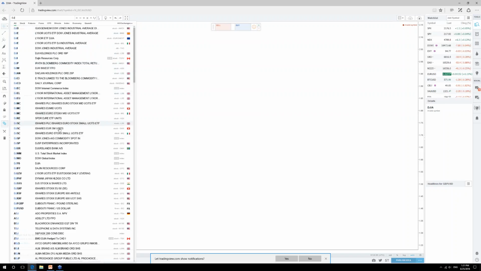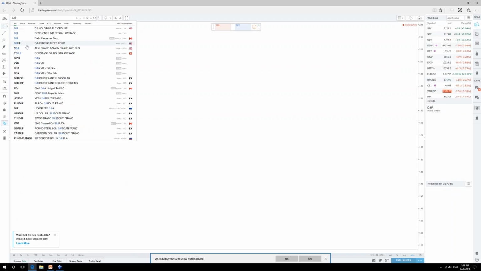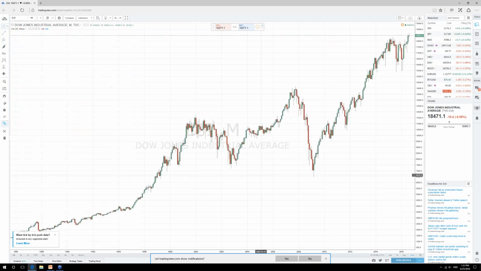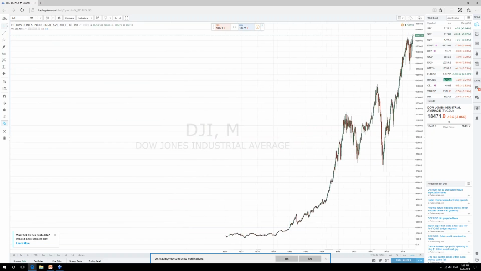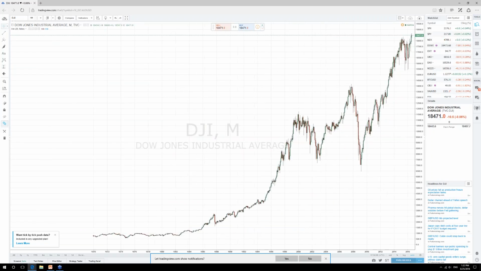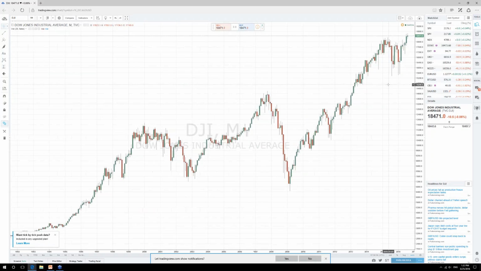So let's find the Dow Jones. Okay, this is again the monthly chart of the Dow Jones Industrial Average. Let's go from now to before.